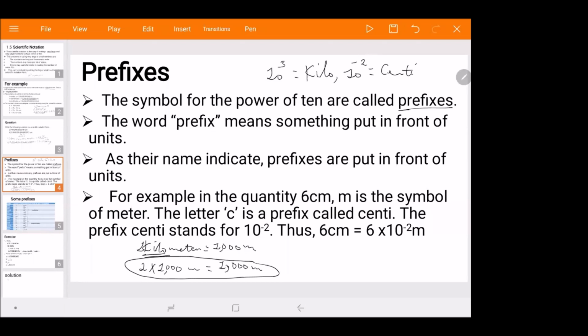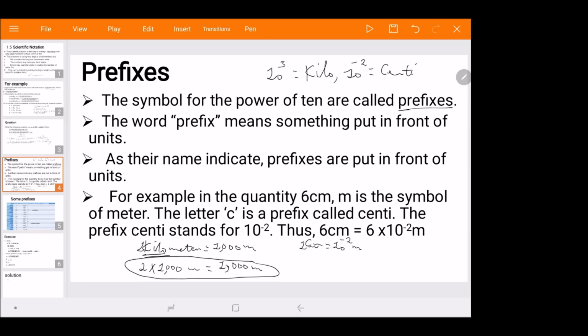For negative powers, let us show one. 1 meter is equal to how many centimeters? 1 centimeter is equal to 10 to the power of negative 2 meter. This means 1/100.